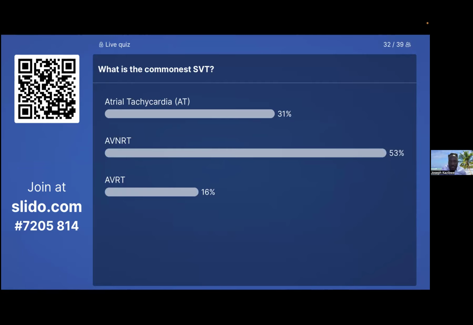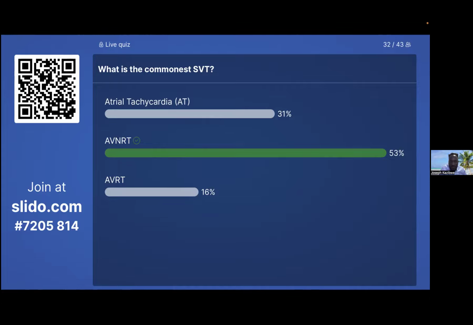I can see that most of you have gone for AVNRT, followed by atrial tachycardia, and then lastly, atrioventricular reentry tachycardias. I think the majority of you, I would agree with you. That happens to be the right answer.